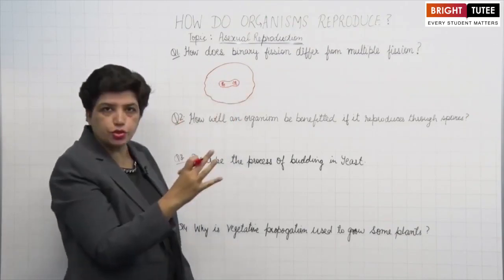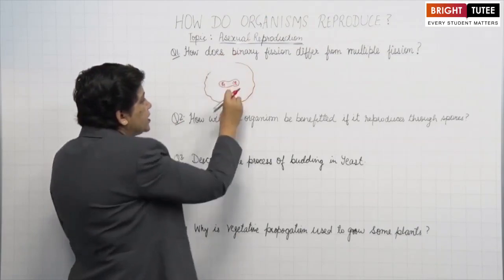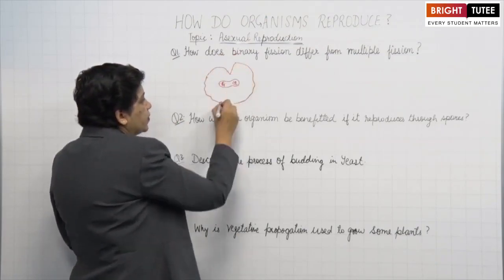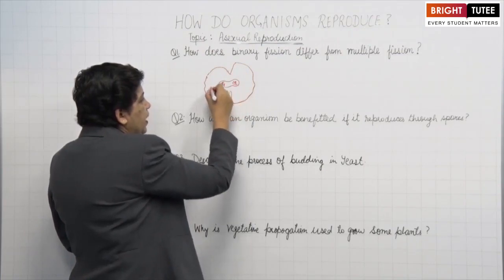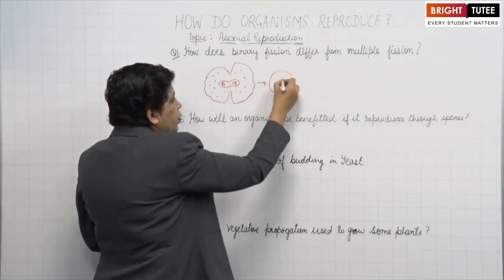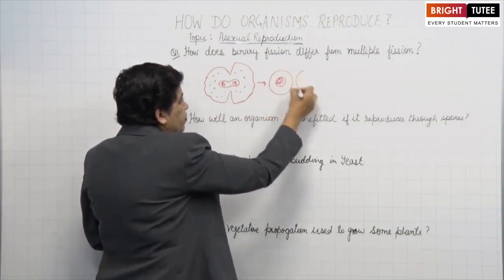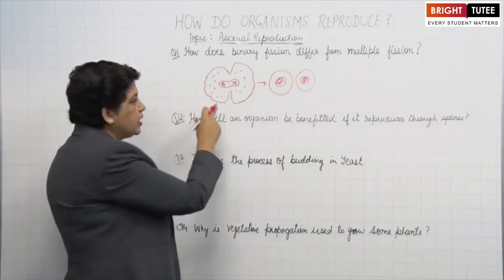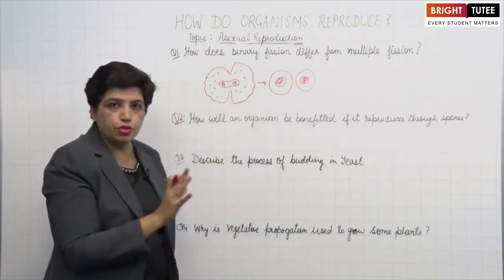It divides into two parts. Then slowly the cytoplasm also starts dividing into two parts. So this gives rise to two daughter cells with nucleus. So in binary fission, one cell gives rise to two daughter cells.